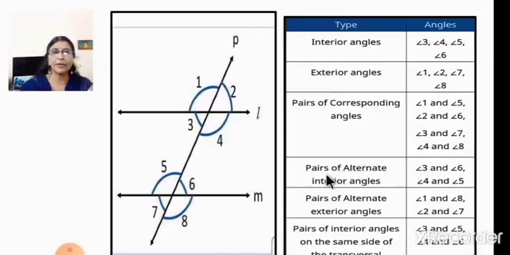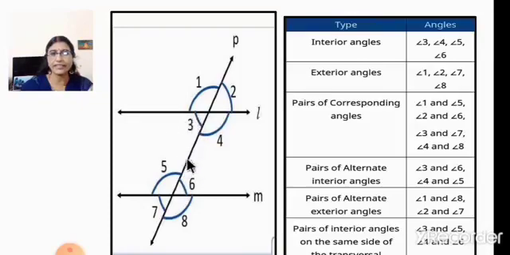Then we have learned about pairs of alternate interior angles. We have learned just now that angle 3, angle 4, angle 5 and angle 6 are interior angles. Now which of them are alternate interior angles? You can see here angle 3 is on left side of the transversal and angle 6 is on the right side, and they are alternate.